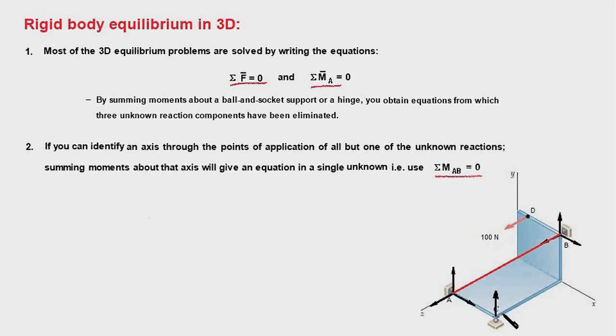As you can see here, we are interested in finding out only the magnitude of this reaction at point C, and these are the reactions at point A and B. We are not interested in finding out the values of these reactions, and therefore if we take moment about a line AB, then these reactions get eliminated from our equation, and our equation will have just one unknown, and therefore it makes sense to compute moment about an axis AB. This aspect will be more clear when we solve a problem.